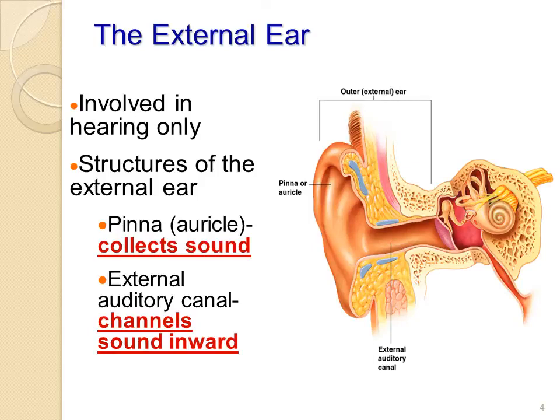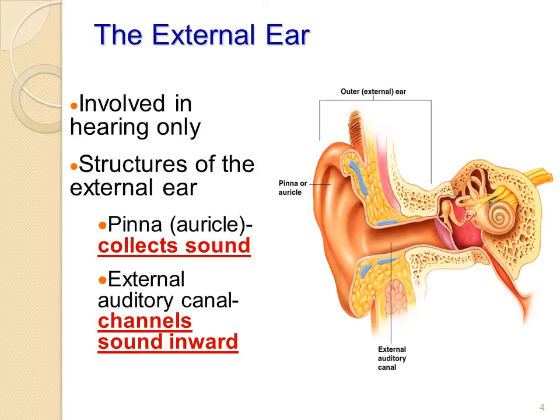Now we are talking about the external ear. As we said, it is involved in hearing only. The structure of the external ear includes the pinna, which is responsible for collecting sound, and the external auditory canal.